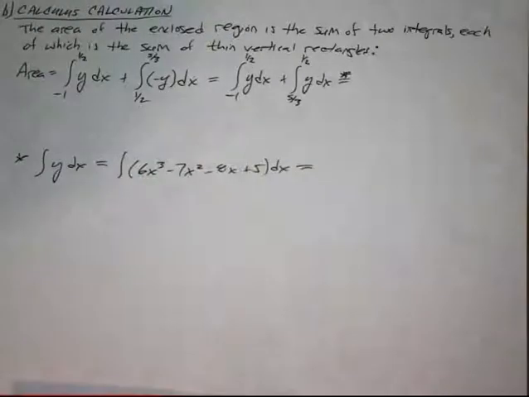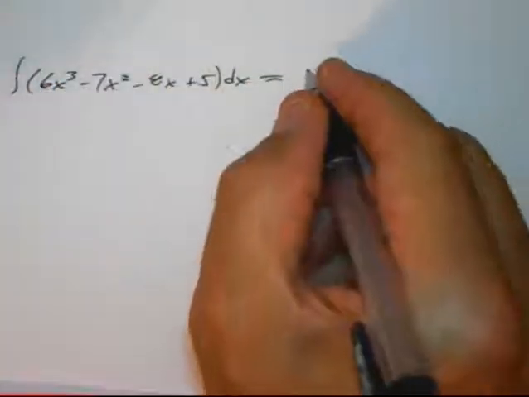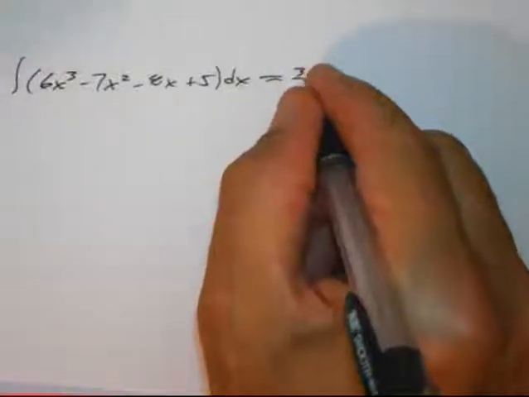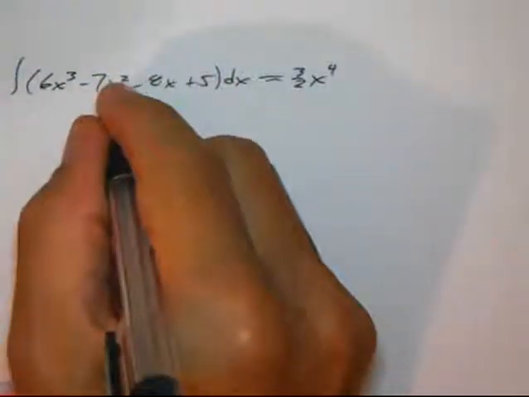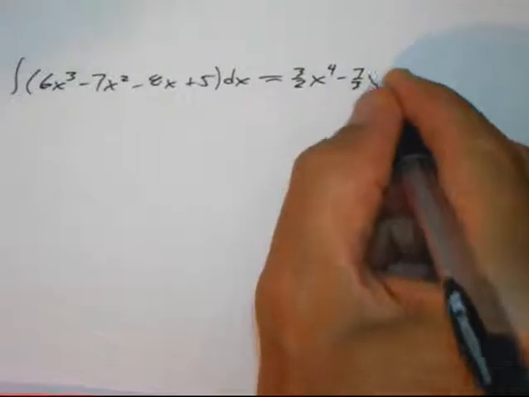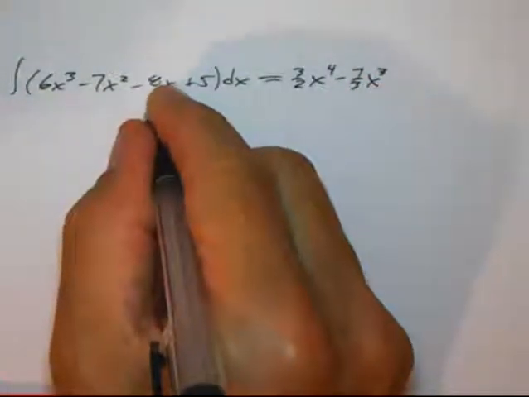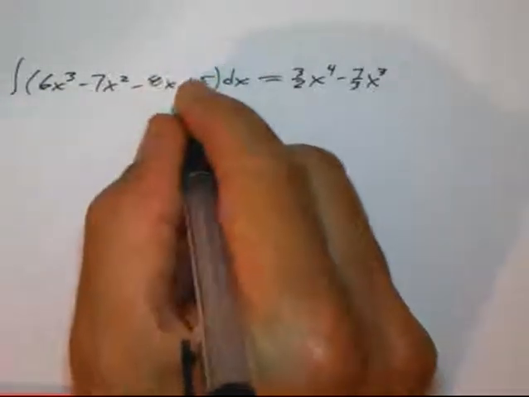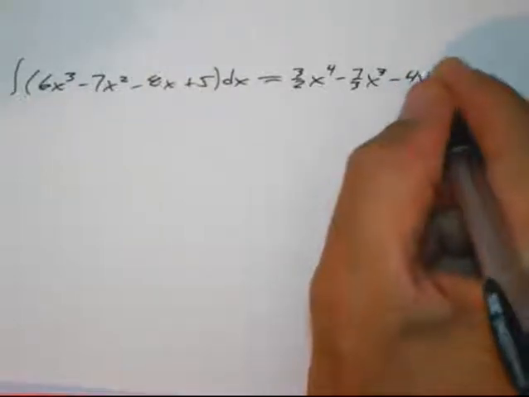Alright, this looks like it's going to be successive uses of the power rule for antiderivatives. So here we would have 6x to the 4th over 4, which simplifies to 3/2 x to the 4th. Here's minus 7x to the 3 over 3, minus 7/3 x cubed. Here would be minus 8x squared divided by 2, which simplifies to minus 4x squared.